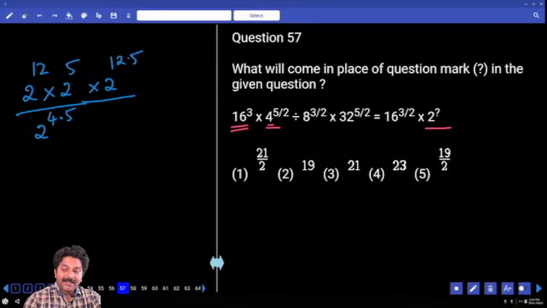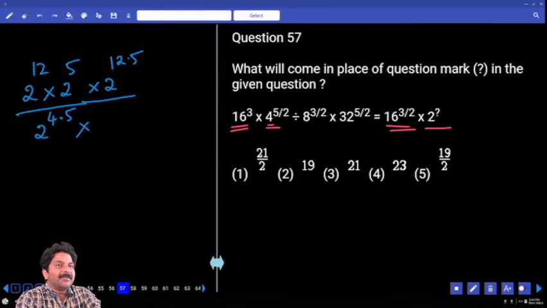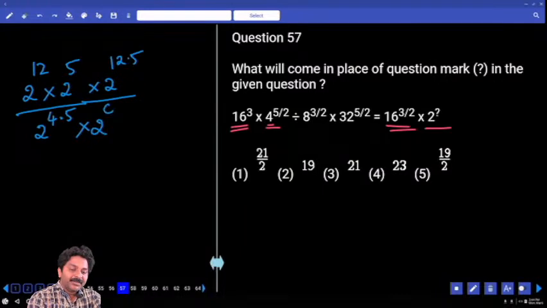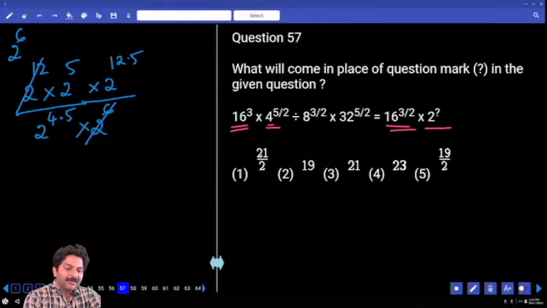Yes, right hand side number 16 3 by 2 comes to left hand side, which comes in denominator only. 16 can be written as 2 power 4, power 3 by 2, 4 into 3 by 2, 2 power 6, correct. 2 power 6 taken out here, leftover number 2 power 6. 2 power 4.5 taken from the last number.